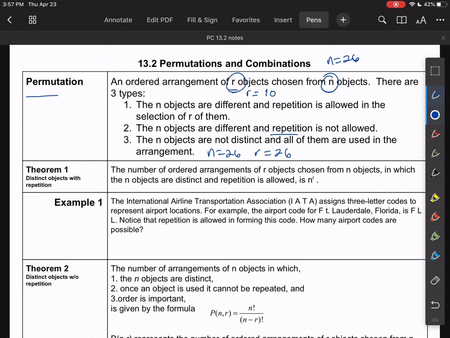Now, theorem 1 states this: the number of ordered arrangements of R objects chosen from N objects in which the N objects are distinct and repetition is allowed is N to the R. I'm just remembering that Adam last time was asking, what happens if you have a dice? Does the base change to 6 when you have 6 possibilities? Well, not in the counting principle, because in the counting principle we were just looking for subsets of the dice.